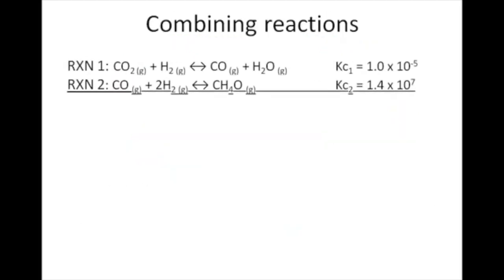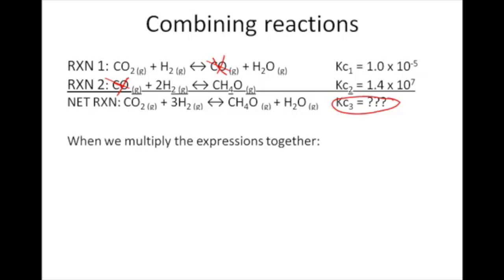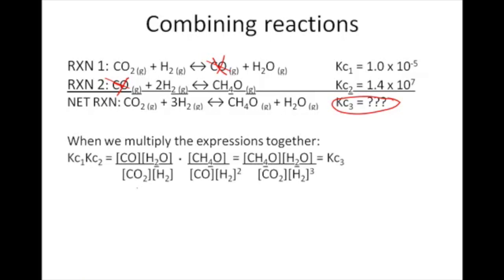Final thing, when combining reactions, here are the two reactions. We know when we combine these, in our net equation, these cancel out, and we get this. But what happens to our Kc value? Well, something very interesting happens when you multiply the expressions together. Here is our Kc1, this is our Kc2, this is our Kc1 times Kc2.